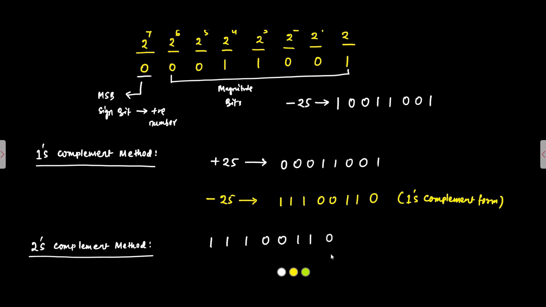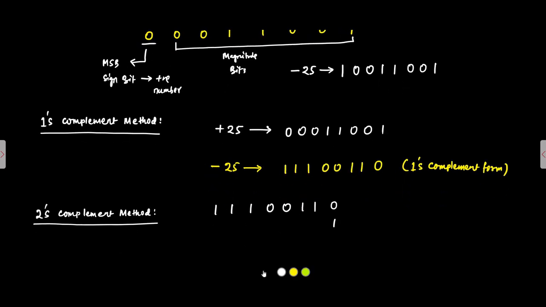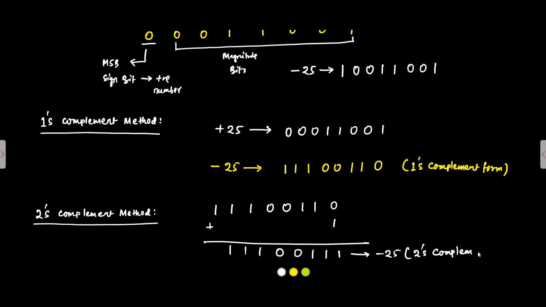Here we add a 1 to the LSB, so it becomes 1 1 1 0 0 1 1 1. This is the 2s complement representation of minus 25. So this is minus 25 in 2s complement form.